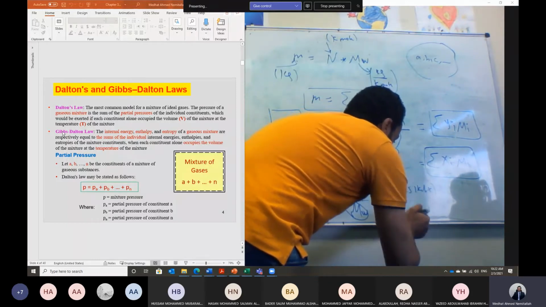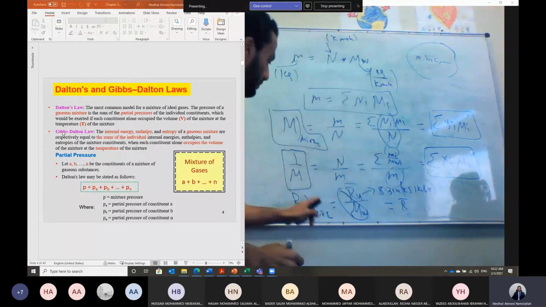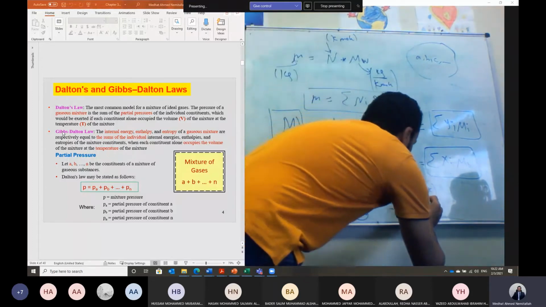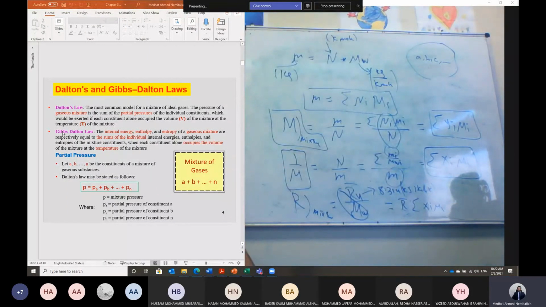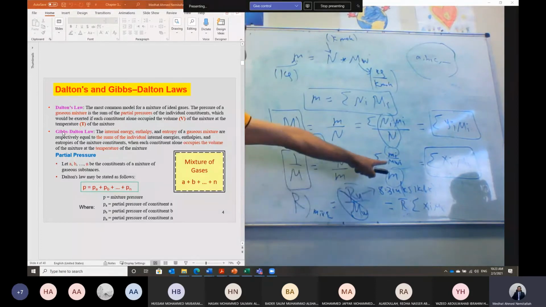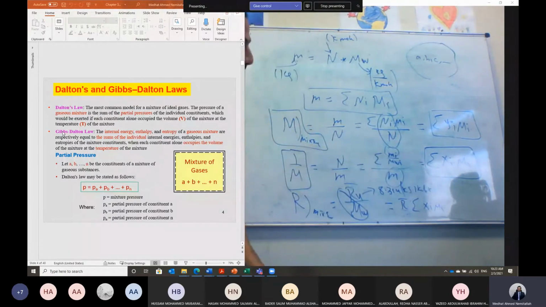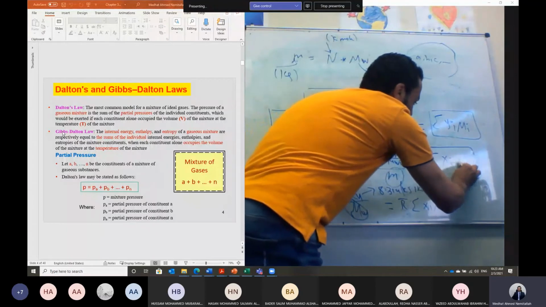So this is R bar. 1 over the molecular weight will equal the summation of Xi divided by Mi. R is equal to R bar divided by the molecular weight. And 1 over the molecular weight is equal to the summation of Xi multiplied by, no, is it the summation of Xi divided by Mi? Here, please be focused.